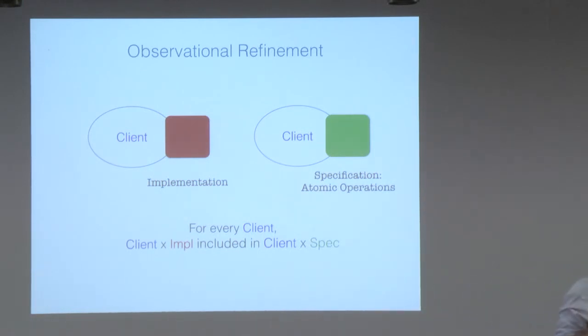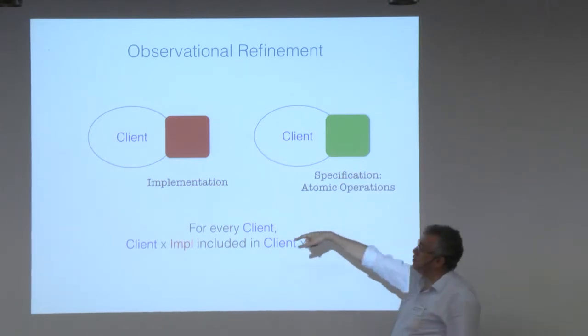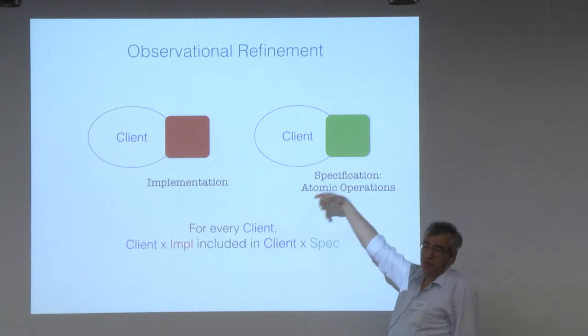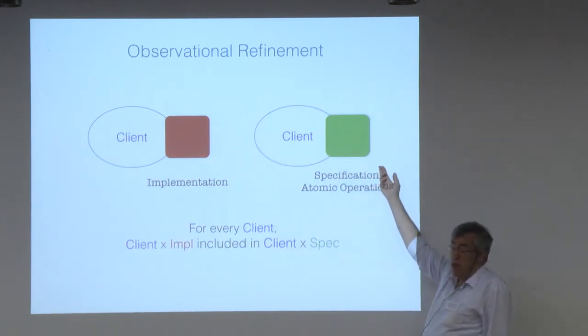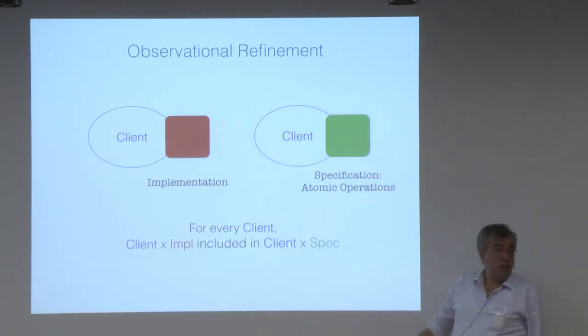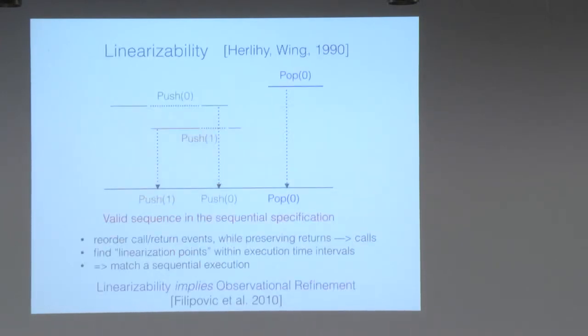I cannot distinguish these things from outside, all right? So this implementation can be faster, can have better properties, for instance, in terms of performance, but in terms of consistency, it has to show precisely the same interface. Is it clear? Okay. So that's observational refinement. That's what we want to ensure.